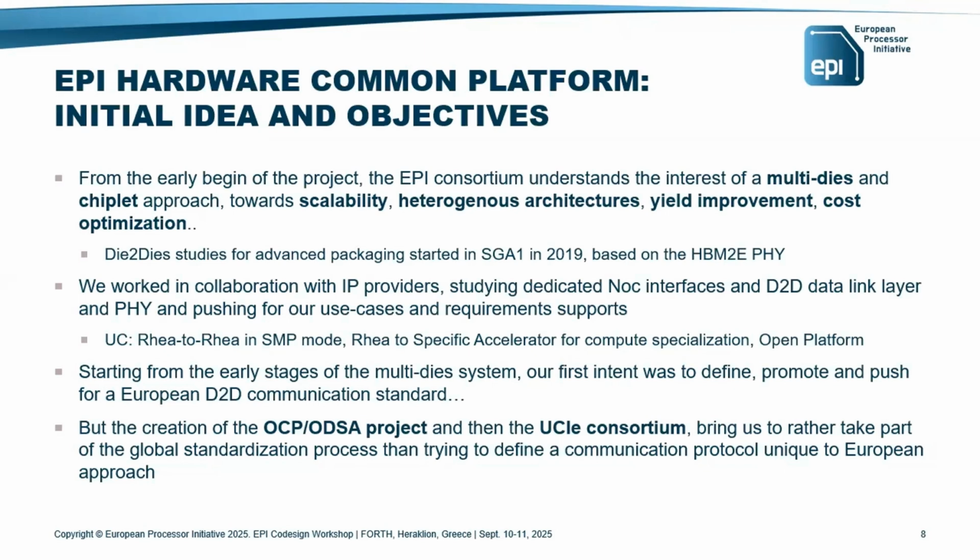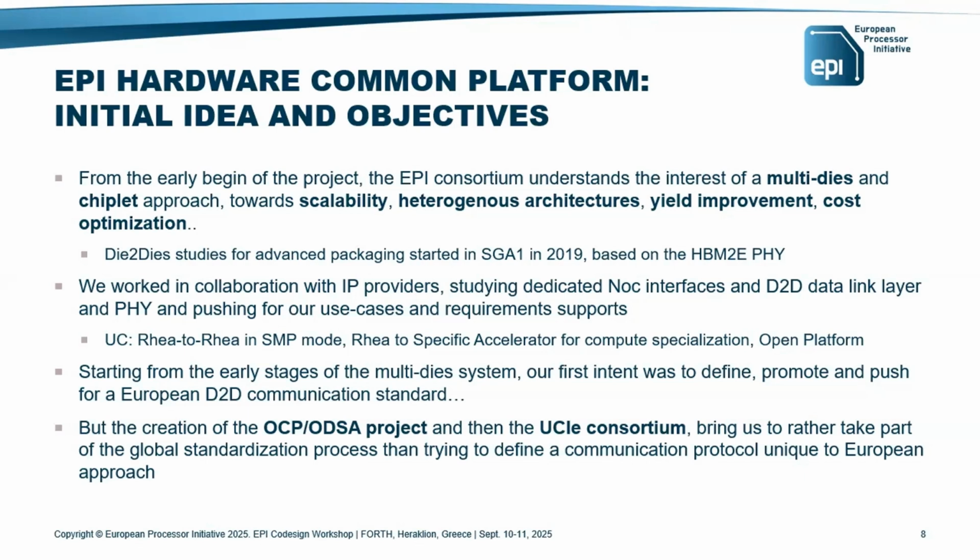So at the very beginning of the project, the consortium understood the interest of the multi-die chiplet approach, as we said this morning, for scalability, heterogeneous architecture, yield improvement, and cost optimization. And we started some die-to-die studies for advanced packaging during the very beginning of EPAC 1 based on HBM2E.